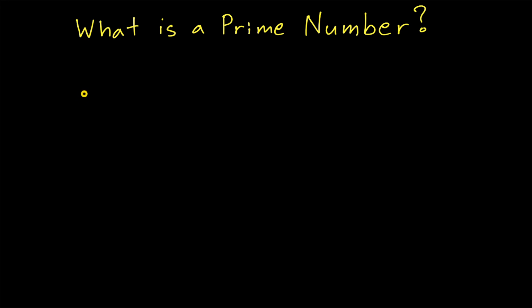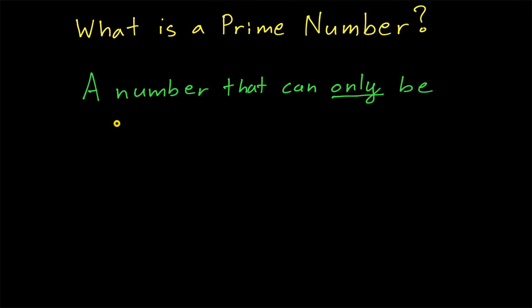So a prime number is a number that can only be divided by 1 and itself.